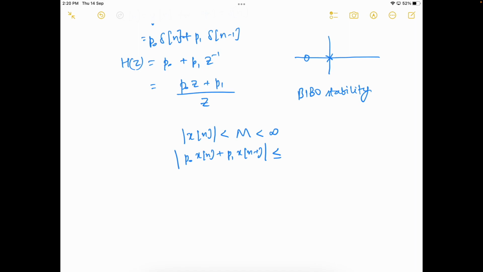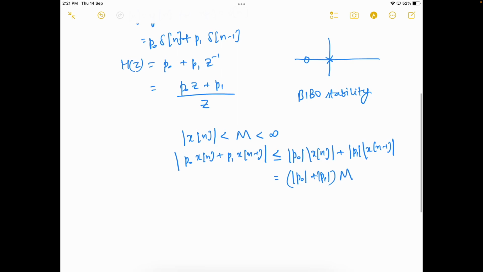Triangle inequality says P naught is constant, so mod P naught times mod of x of n plus mod P1 times mod of x of n minus 1. And this right hand side is equal to P naught plus P1 times m, which is less than infinity. So it's also bounded. So you can prove that this is a bounded system.